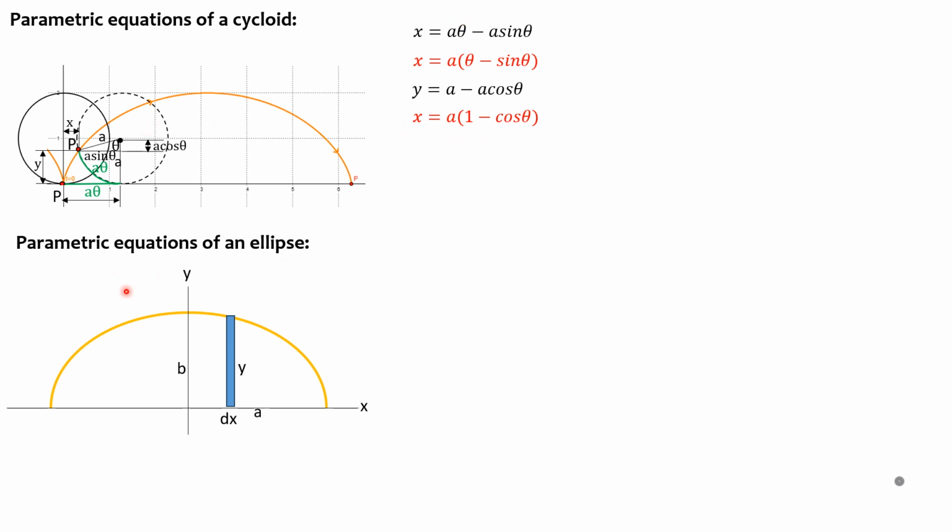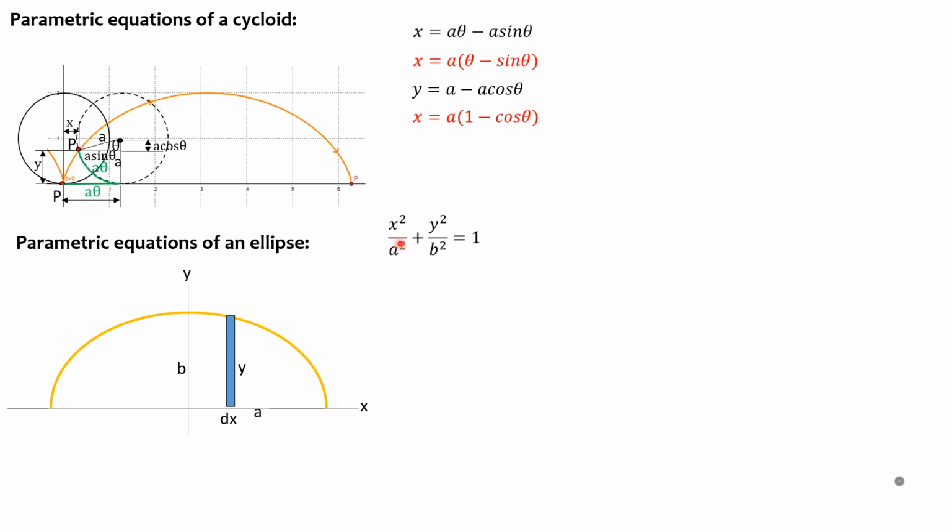Likewise, for an ellipse, because the standard equation of an ellipse with center at the origin and major axis on the x-axis is x squared over a squared plus y squared over b squared equals 1. And we can easily set up the parametric equations because the right side is 1.